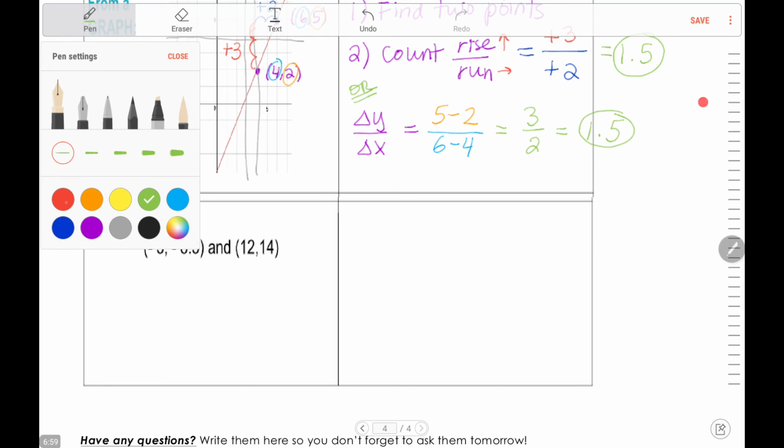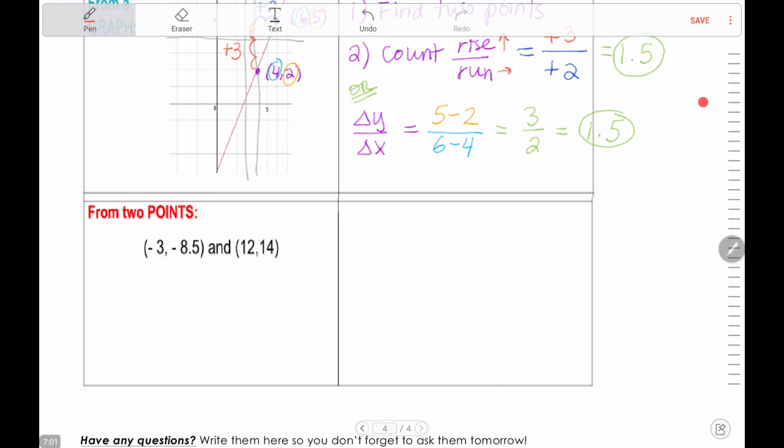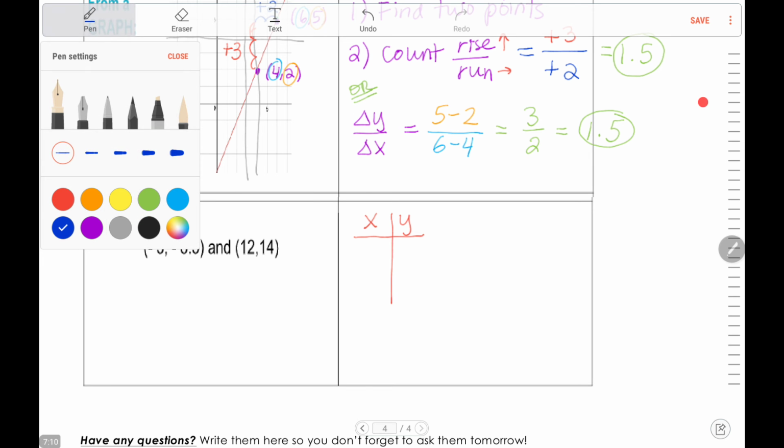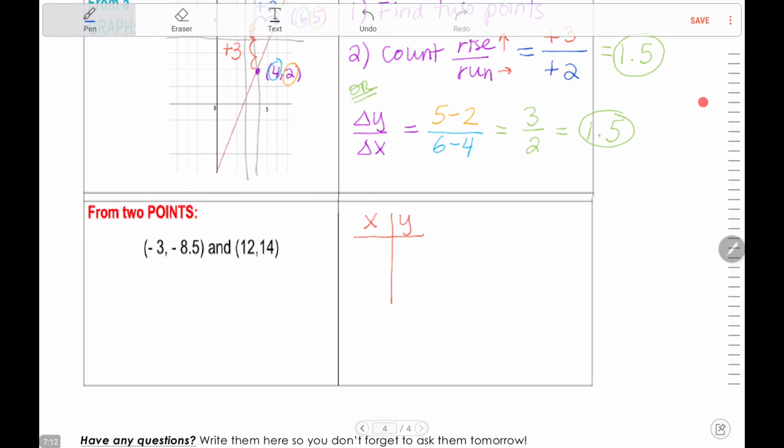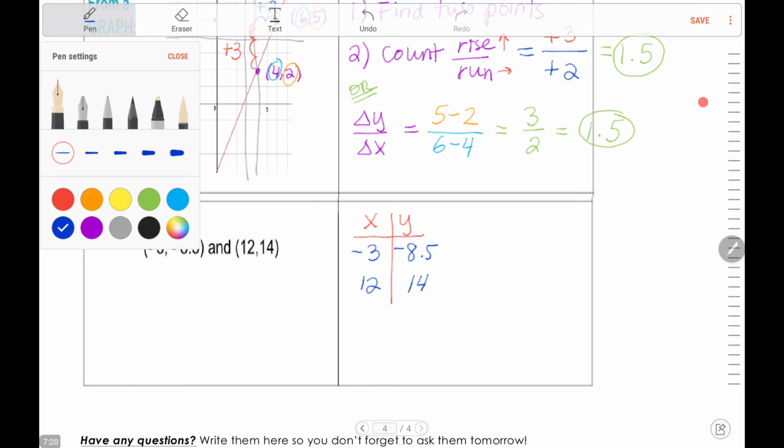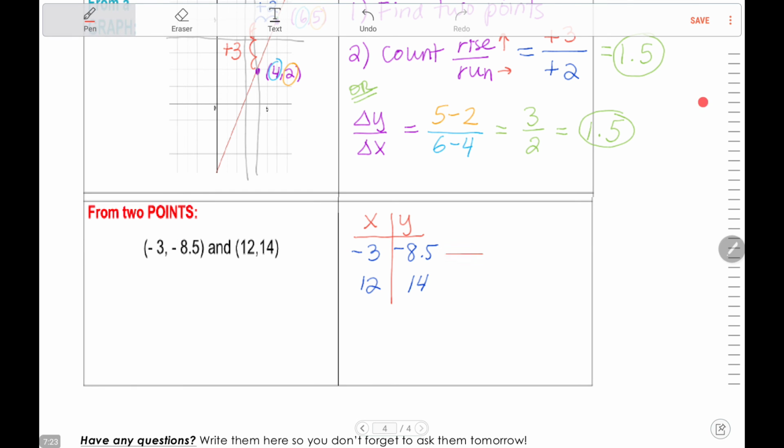So we should be able to do this now. So we take our points, and I like to put them in a table. So this point here is negative 3, negative 8.5, and then this point is 12, 14. If I'm looking at our table, I can see that the change in y goes up by plus 22.5.